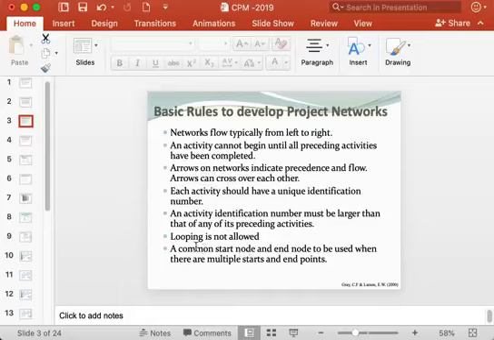Okay, so the start node and end node are being used here because in the previous slide you heard about the two building blocks used for constructing project networks, the arrow and node. So that is why here it is talking about start node and end node.